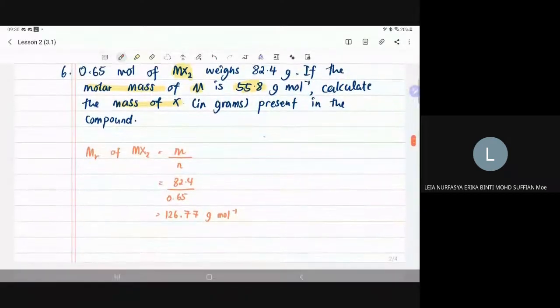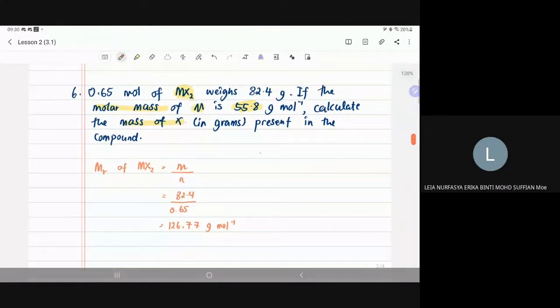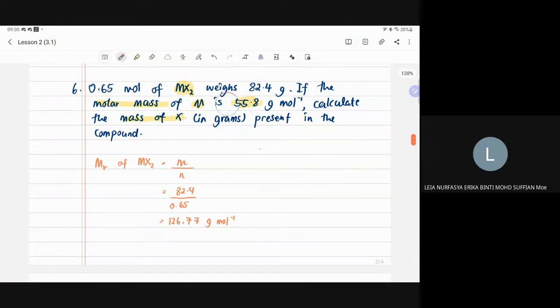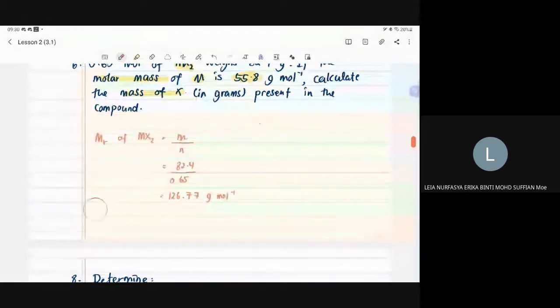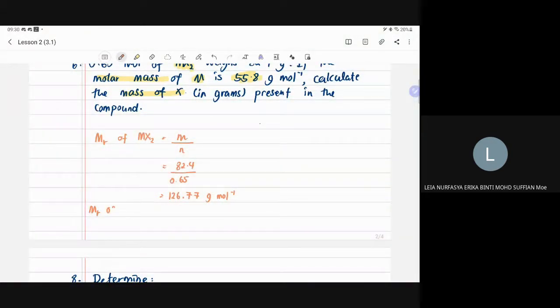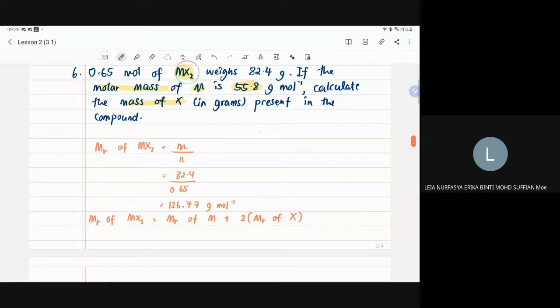Okay. Now, kita dapat Mr dia. Kita tahu Mr of M is 55.8. So, kita tahu juga Mr of MX2 is equal to Mr of M tambah 2 kali Mr of X. Sebab X ni dekat dalam formula dia ada 2.